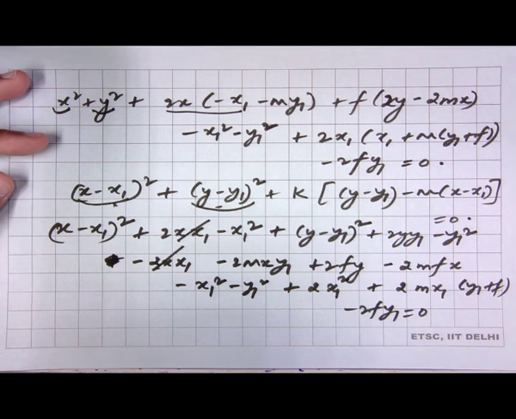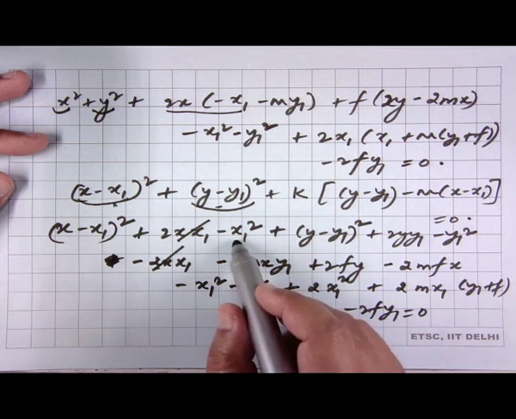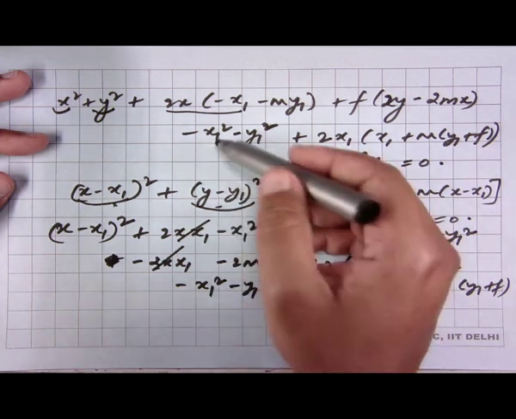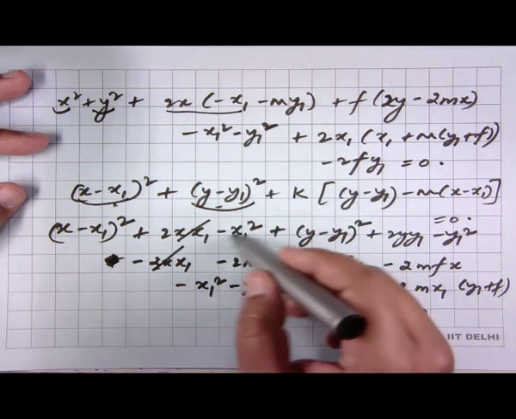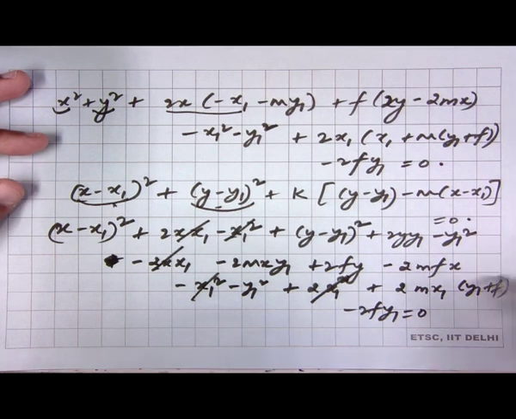So, what we see is that this minus x1 square and the minus x1 square here become minus 2x1 square, which gets cancelled with the plus 2x1 square here, and then the remaining terms can be simplified further.